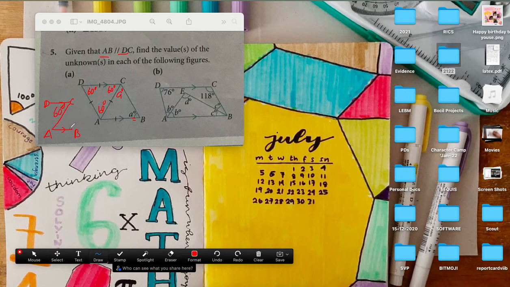And I'm sure that angle BAC is also 60 degrees since angle BAC is alternate to DCA. So here has to be 60 degrees. Next, I am confident that I can find the size or the value of A. So then A will be equal to 180 degrees minus 2A, right?